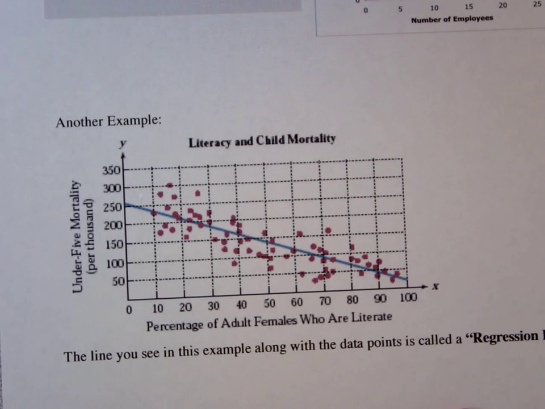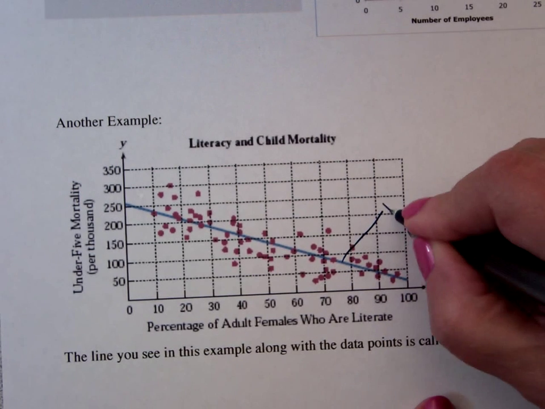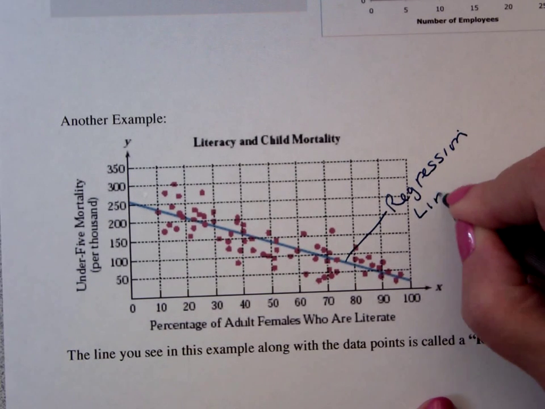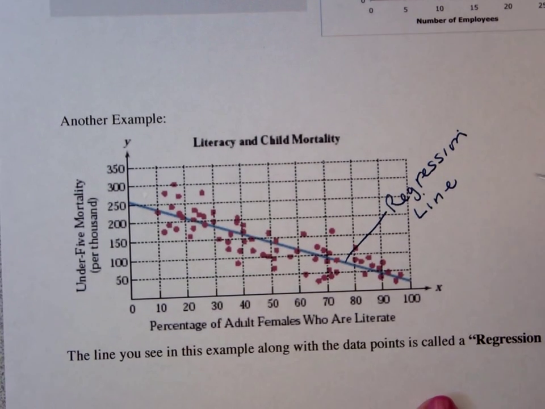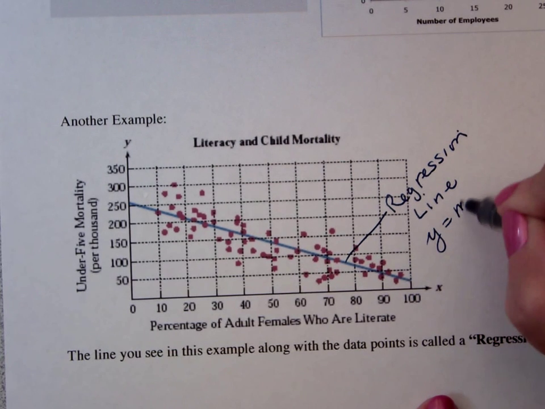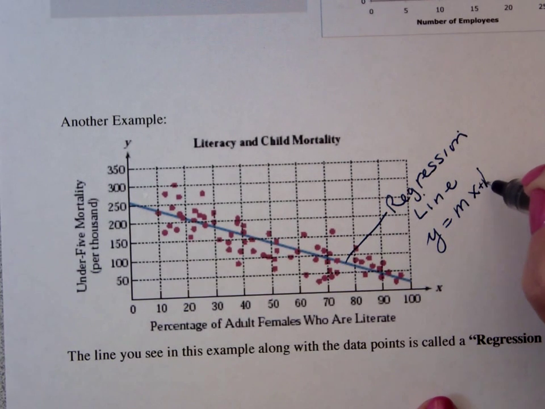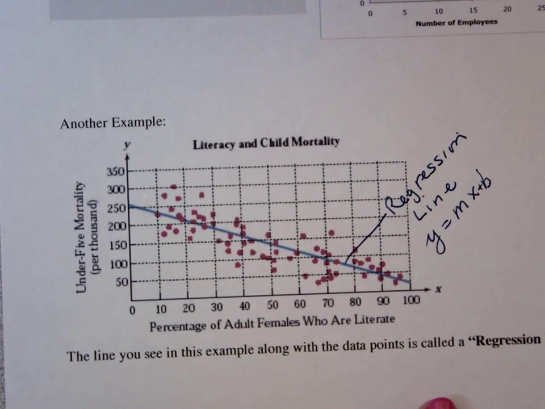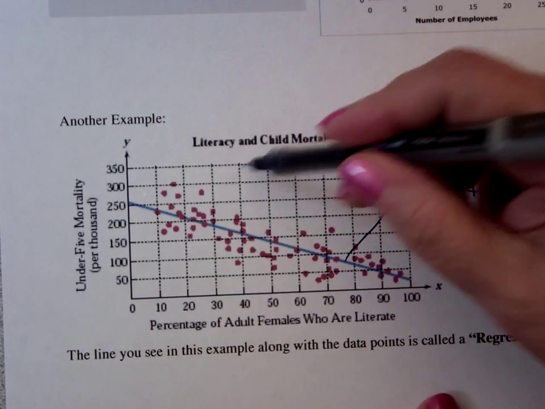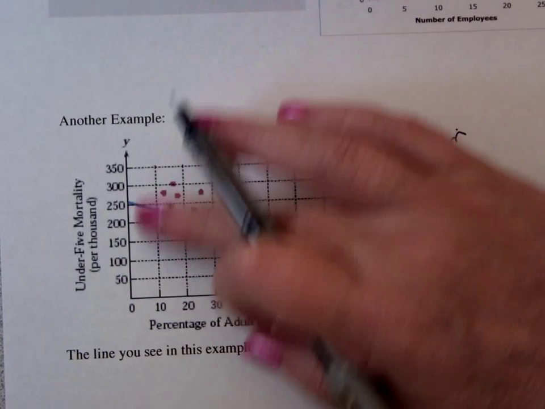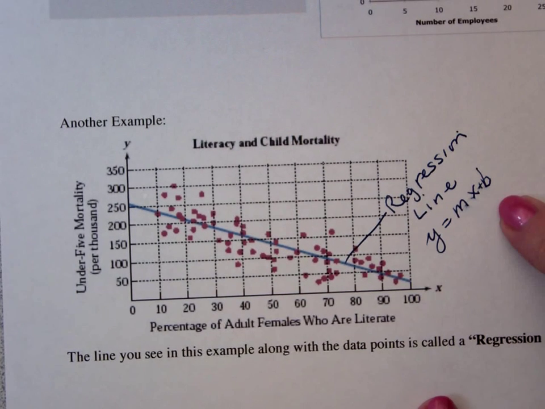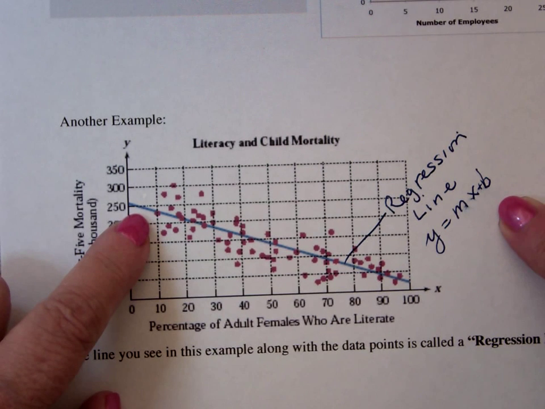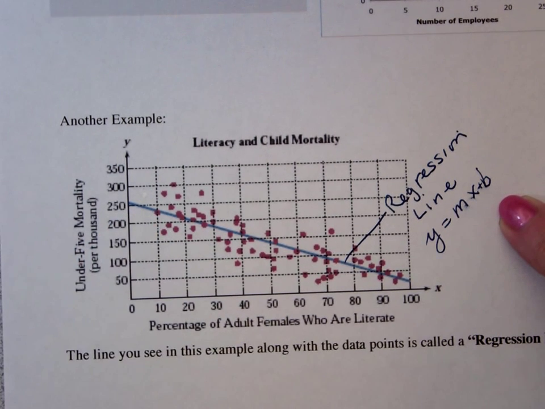Essentially, this line right here is called a regression line. And that's one of the things we're going to be finding. What is it? It's just y equals mx plus b. It's our furry friend, the straight line. And our calculators have the ability, if we put in those data points, to come out and give me the equation for that line.